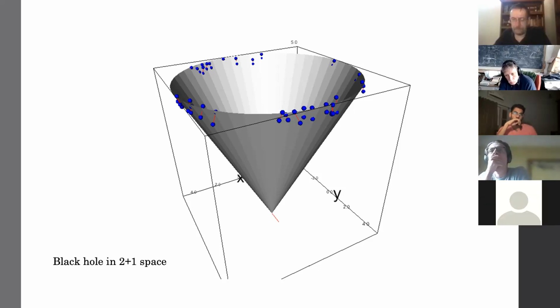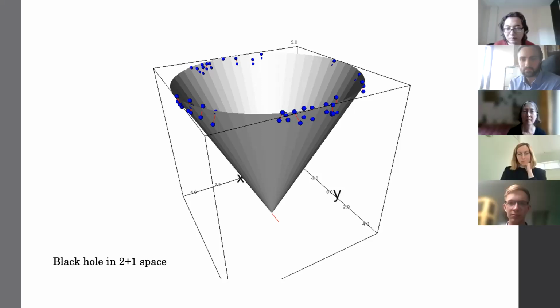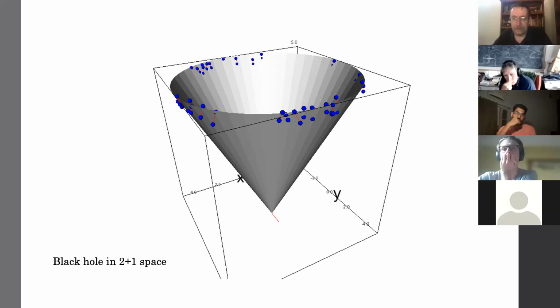Ricardo, I saw you had your hand up for a while. Yeah, but Faye answered my question. Okay, great. In any case, I find it fascinating to get after microstates. If I understand it correctly, the same horizon can be described by a different probability distribution for the P minus and a different probability distribution for the P plus.